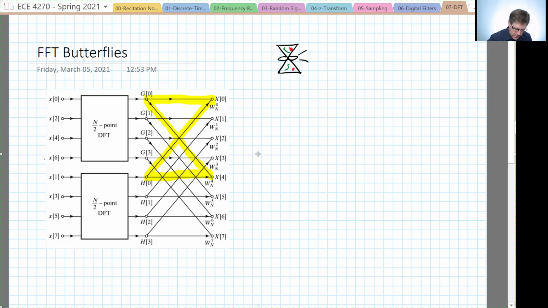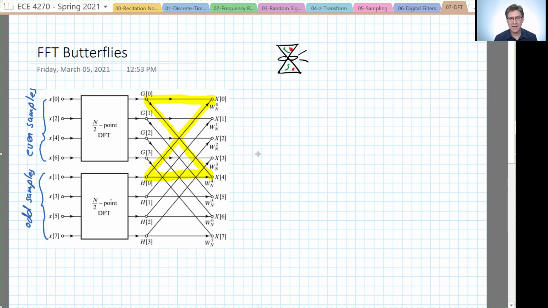Okay, so up here, we took the even samples of x. And down here, we take the odd samples of x. We do an n over 2 point DFT on each set of those, and we get our two outputs.